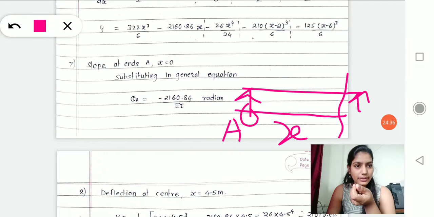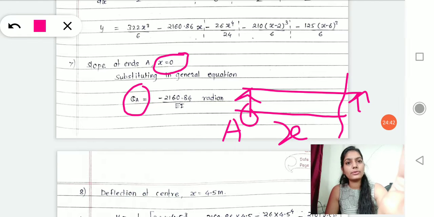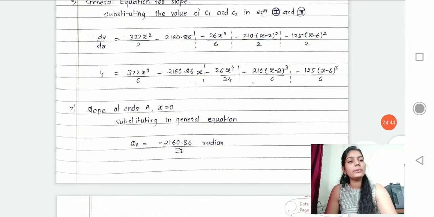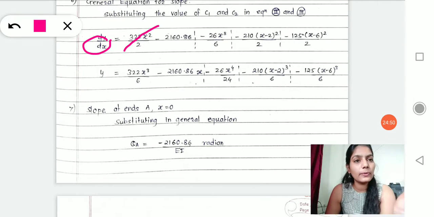Therefore put X equals 0 into the slope equation. This is the equation of slope. Put the X value 0. This will be 0.